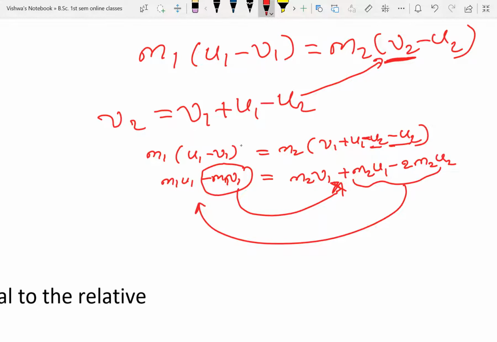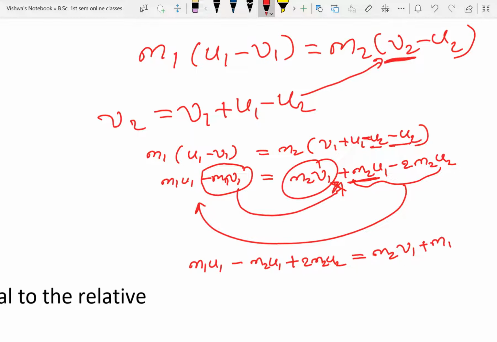Then this equation becomes m1 u1 minus m2 u1 plus 2 m2 u2, which is equal to m2 v1 plus m1 v1.